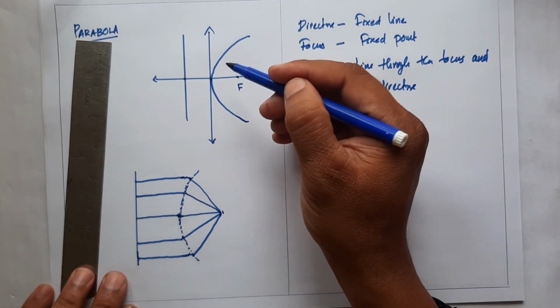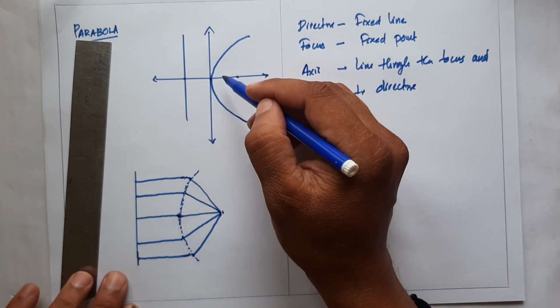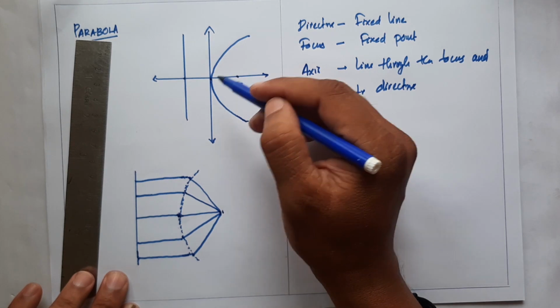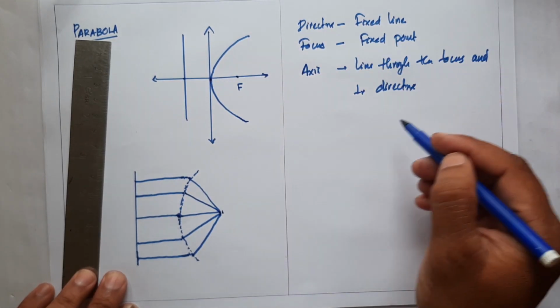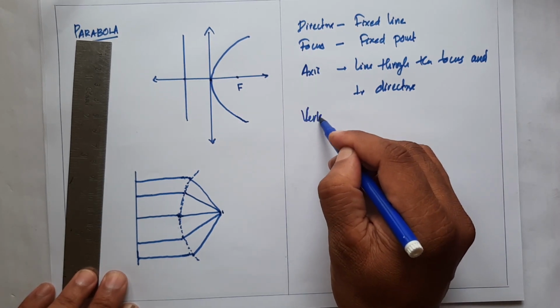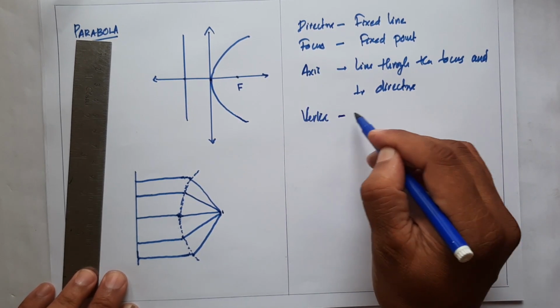And the intersection of the parabola with the axis is called the vertex.